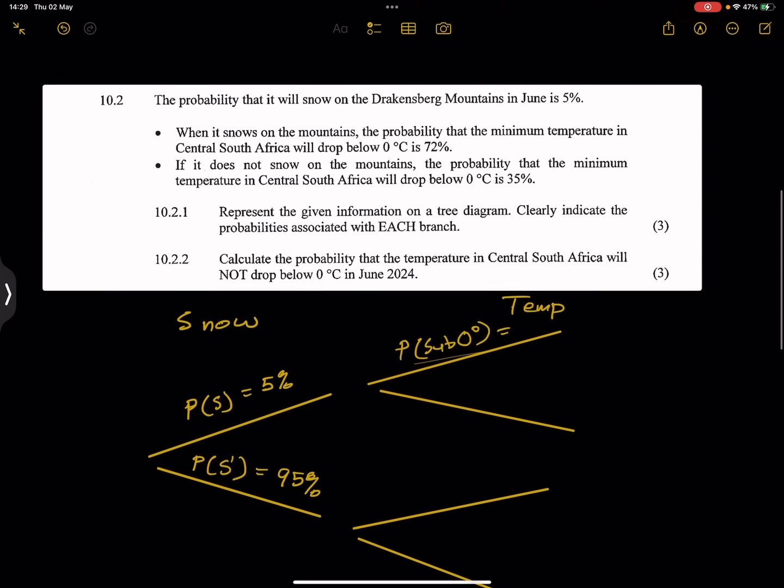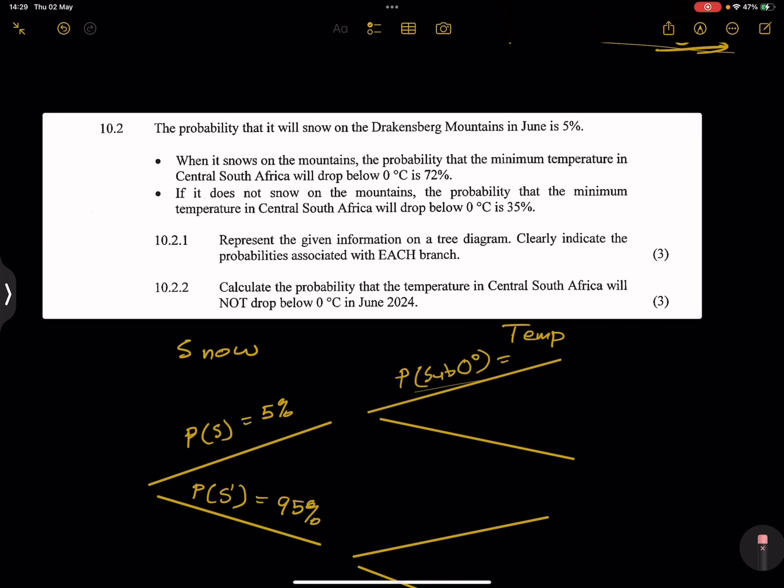So the probability of getting sub-0 degrees if it snows is 72%, meaning the probability that it will not go sub-0 is 100 minus 72, which should be 28, so that would be 28%.